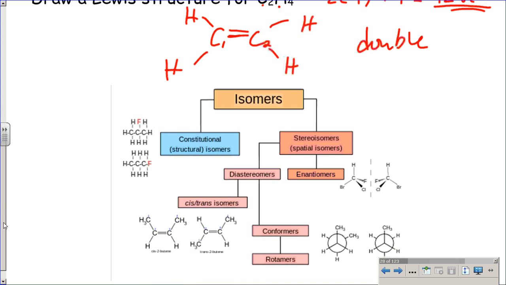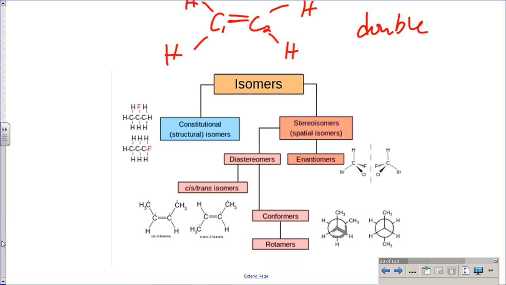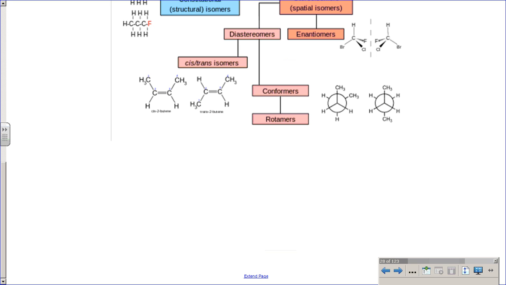So there's a couple different ways to see isomers. They're called constitutional or stereo. And so if I'm going to adjust this structure here in a second, just a quick reminder of cis and trans. I'm going to look at this example right here. This is a butene structure, because we have 4 carbons.